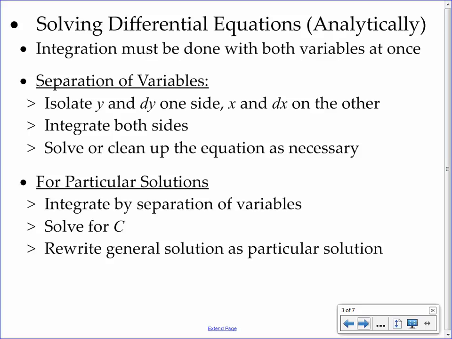So we can integrate with respect to y on the left side, we can integrate with respect to x on the right side. After we integrate both sides, all right, we're going to have to clean it up so that we actually have like a y equals equation.